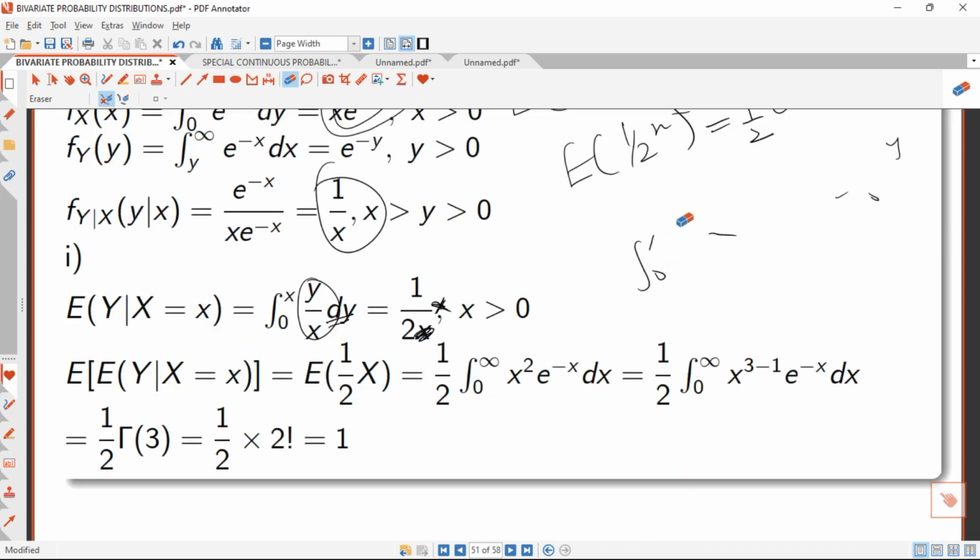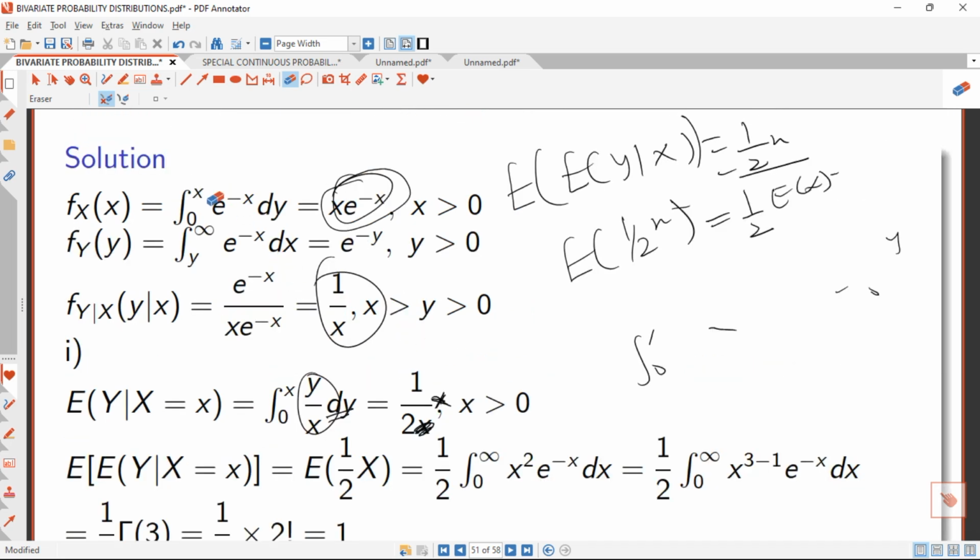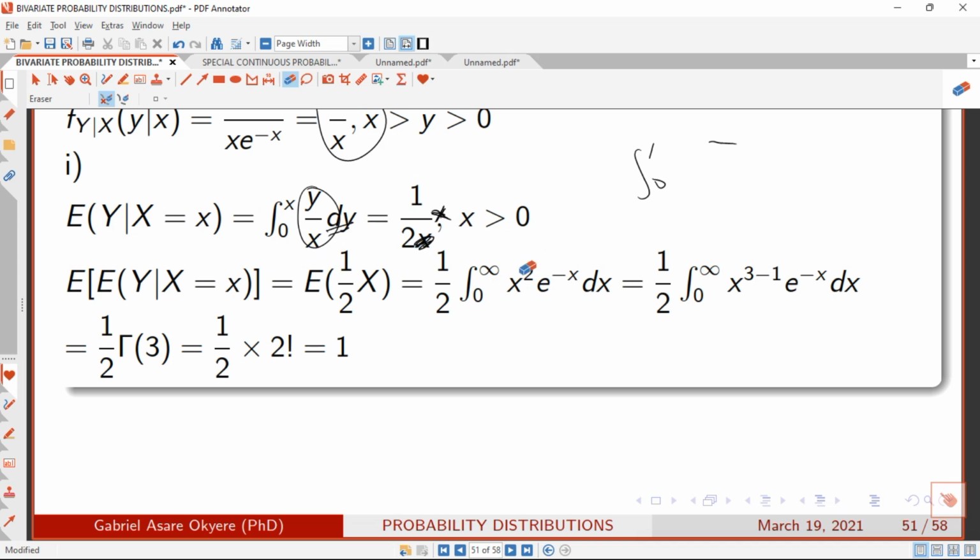So we are also going to multiply x to the marginal of x. The marginal of x was x e raised to the power negative x, so for the expectation we multiply x to it. That's the reason why we had x squared here.